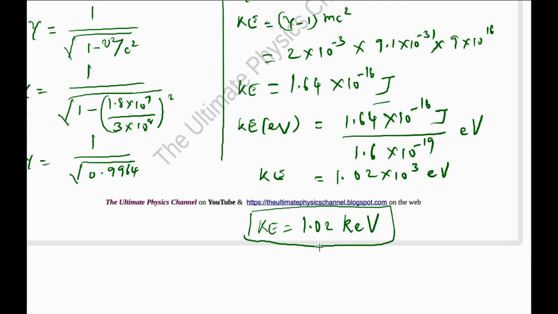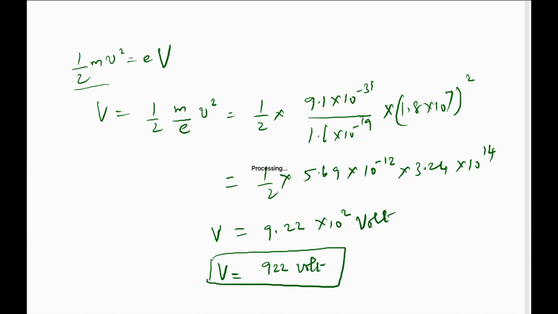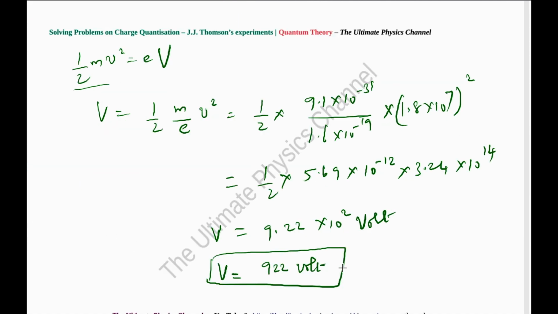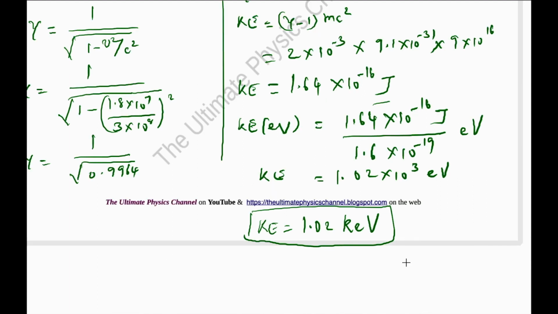So by comparison, we can see that the kinetic energy is marginally higher for the relativistic calculation compared to the non-relativistic calculation that we performed earlier. In that case, we got about 922 volts, right? So this can be written in kilovolts as 0.922 keV. For the relativistic case, we can see that it is 1.02 keV.